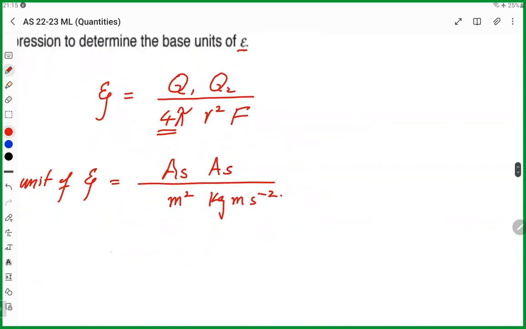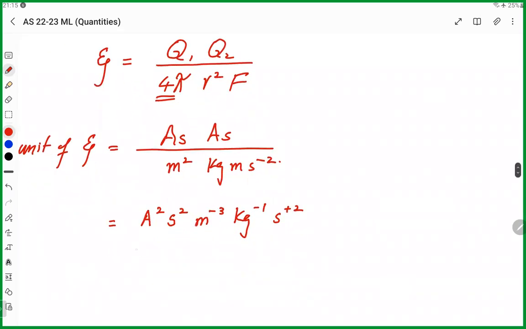So we will have A square, S square, M minus 3, kg minus 1, S plus 2. So we have A square, S4 per meter cube per kg.